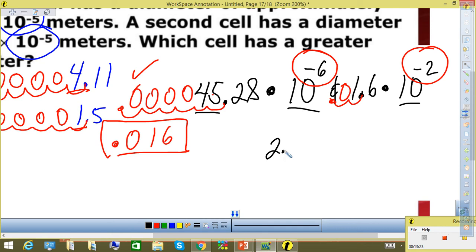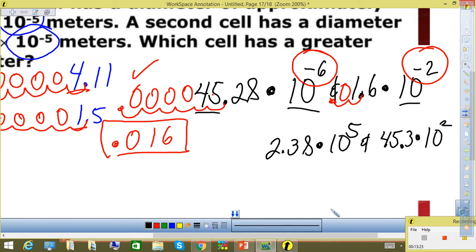Okay. So what if we have this? How about 2.38 times 10 to the 5th and 45.3 times 10 to the 2nd? Which one would be the greatest number?